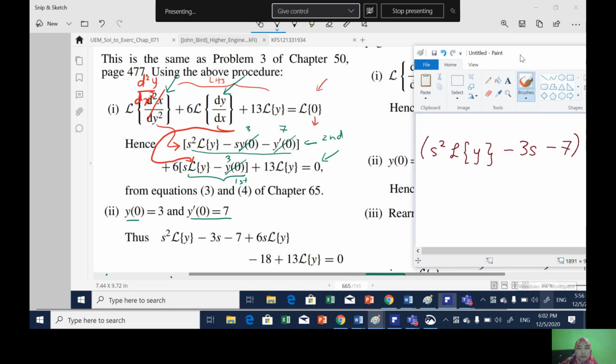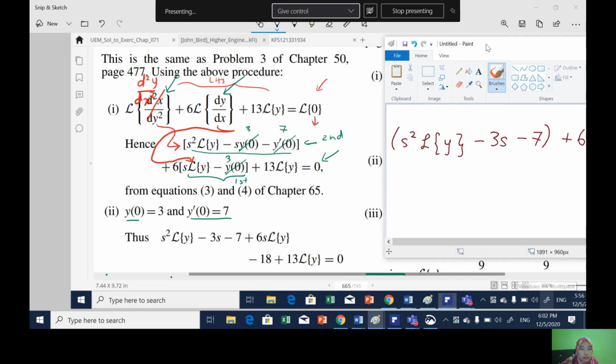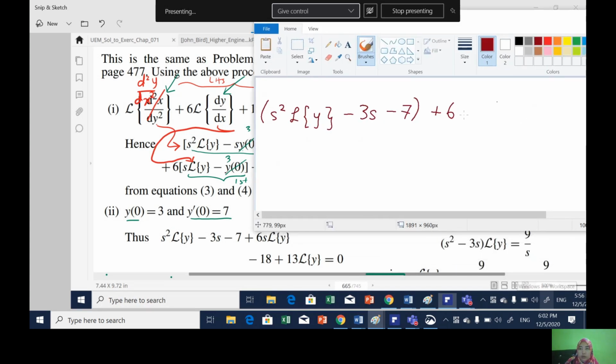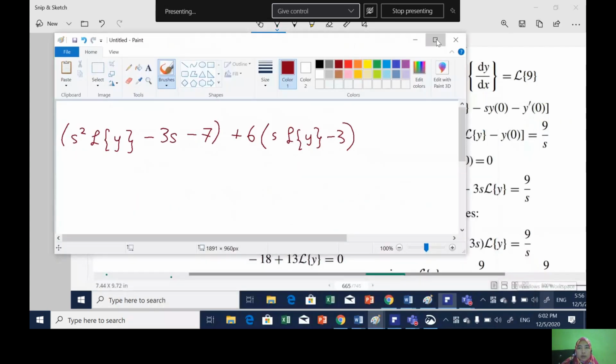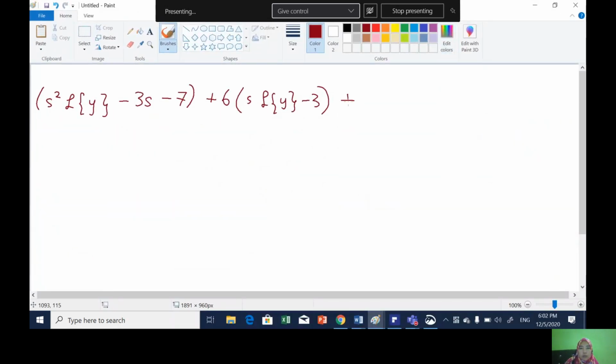Okay, so in the bracket will be s L of y. So here is for the first derivative. Okay, then minus 3. Okay, and then we combine with 13 L of y, plus 13 L of y equal to 0.